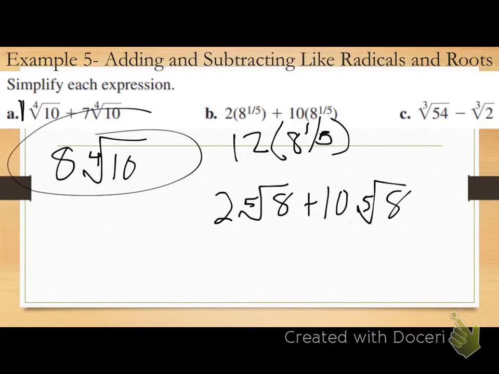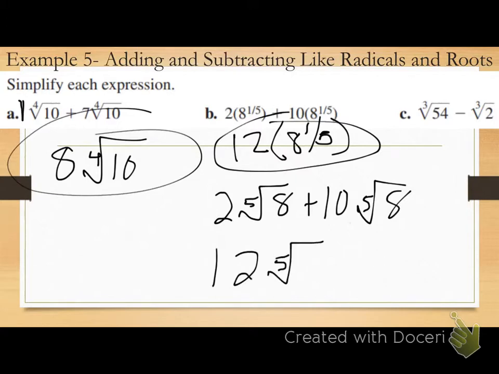We can change it to a radical, recognize that they are like radicals, and combine them. Does that make sense? That's why she was able to jump straight to adding the 2 and the 10 and leaving it like this. You could leave it like this, or you could write it as 12 times the 5th root of 8. Either one will work.